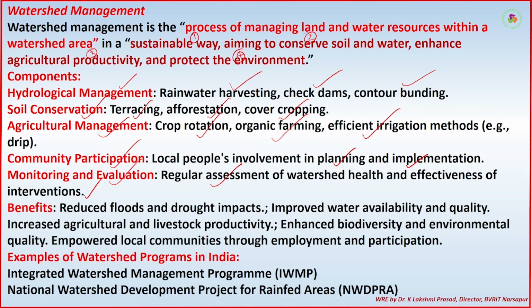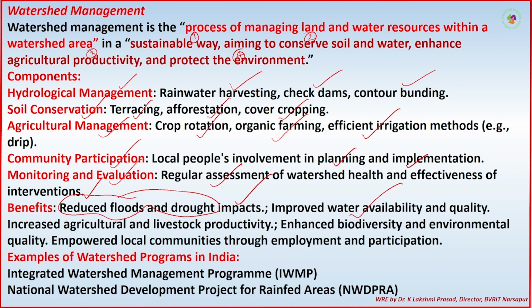Then what are the benefits of it? By proper watershed management, you can reduce the floods and drought impacts. Floods and droughts are common, but their impact can be reduced with proper watershed management. It improves water availability and quality through soil conservation, agricultural management, hydrological management and continuous monitoring.